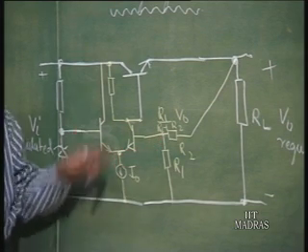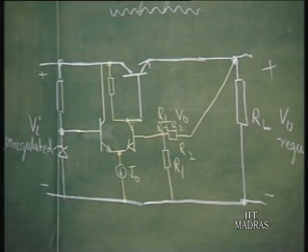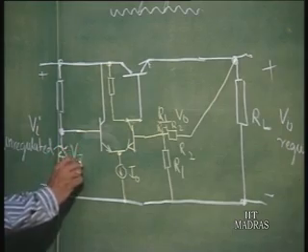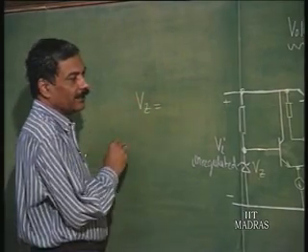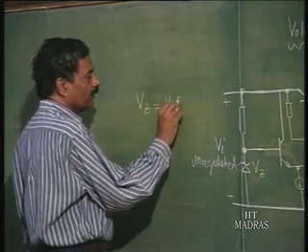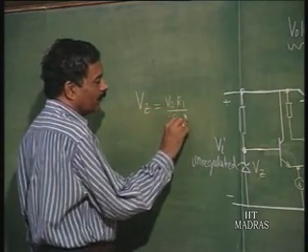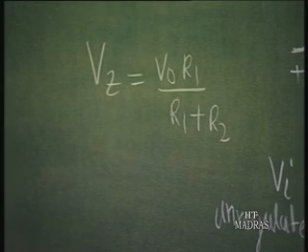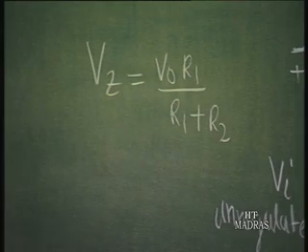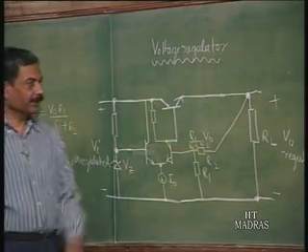If this is a negative feedback structure, then if this is V z, V z should be very nearly equal to V naught into R 1 by R 1 plus R 2. If the open loop gain of the amplifier is very high, then this voltage should be the same as this voltage.